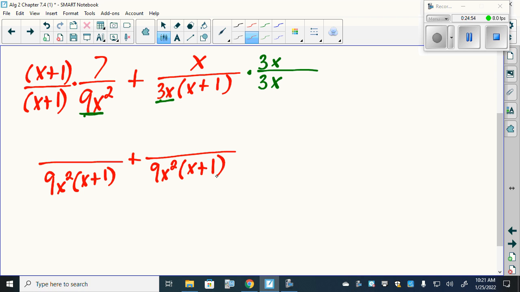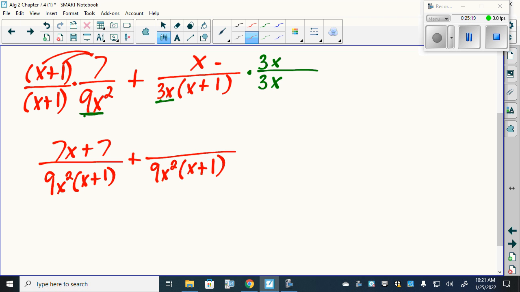Unfortunately, the numerators, we are going to have to multiply out. Because of the addition in the middle, we'll have to combine our like terms. So on top, we have x plus 1 times 7. With this, we can multiply out. X times 7 is 7x, plus 7. 1 times 7 would give us 7.